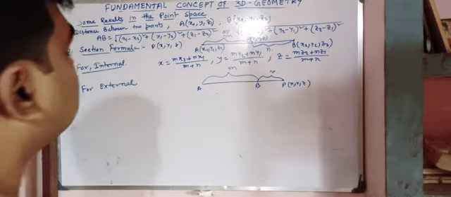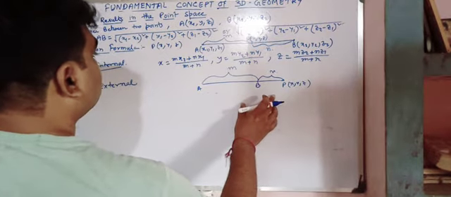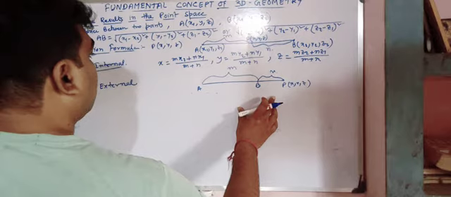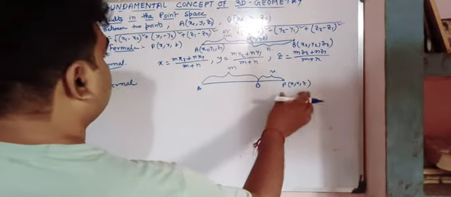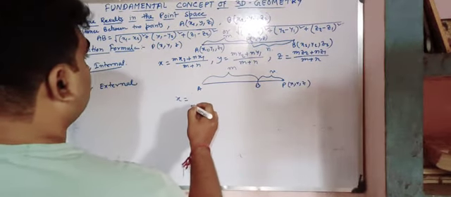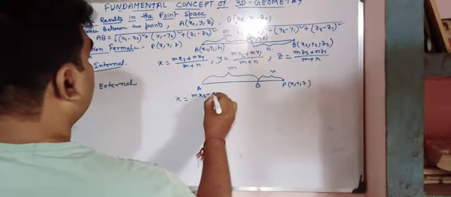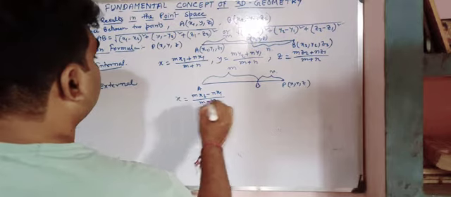So for that, if we have to find the coordinates, x is equal to what would be my answer? (m x2 minus n x1) by (m minus n).